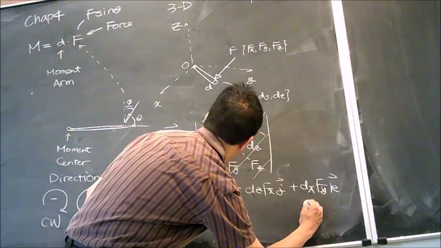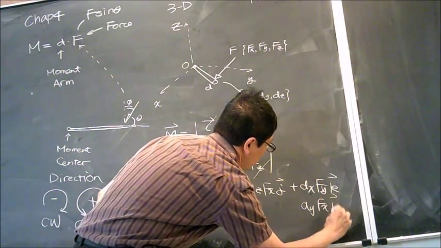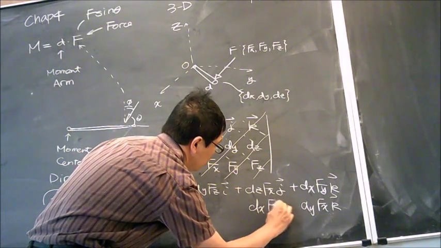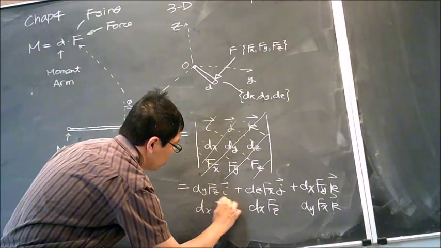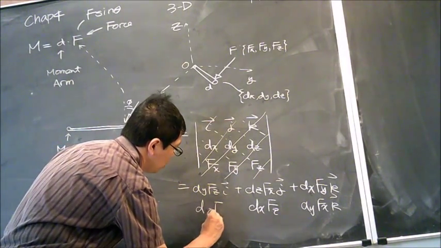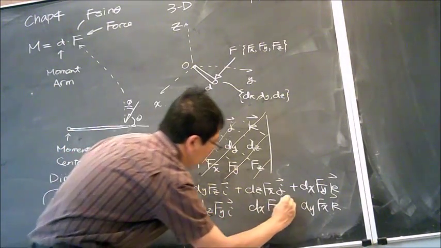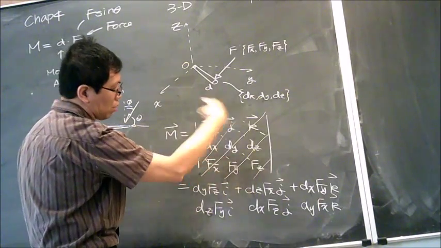In this case, it's going to be dy fz, dz fy for i. And if it's this direction, it's positive.